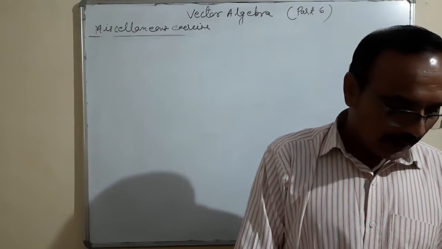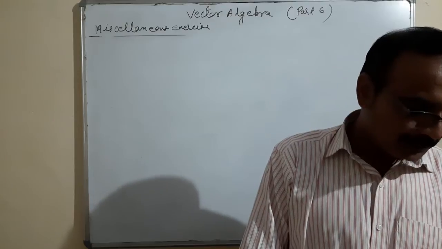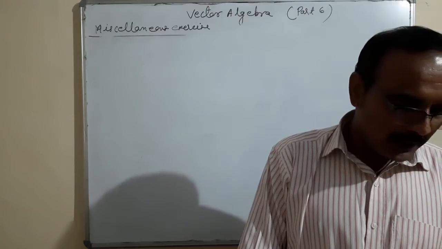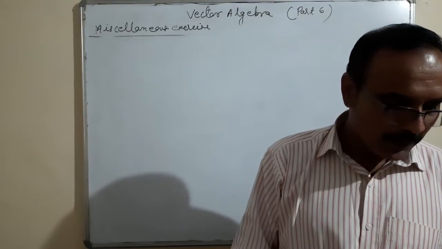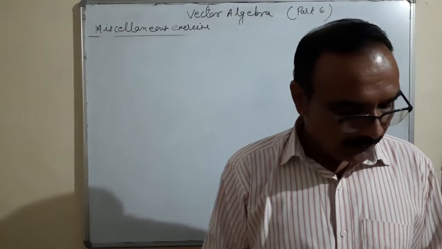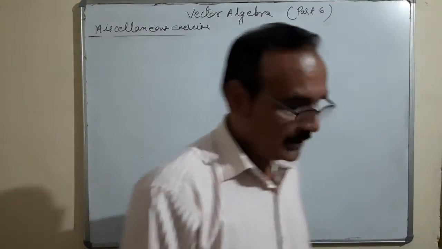Questions number 8 and 9 are both the same type of question. I am taking the 8th one. Show that points A, B and C are collinear, and find the ratio in which B divides AC. Question number 8.